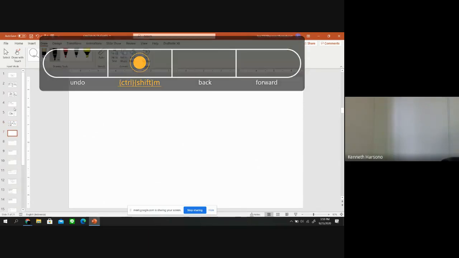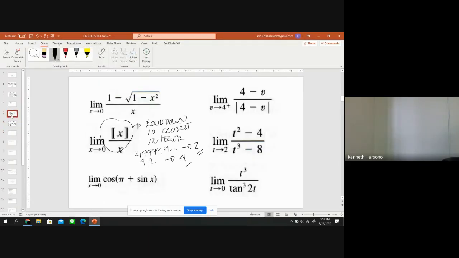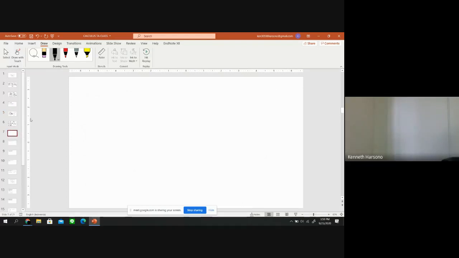And for the second problem, the limit as v approaches 4 plus of the absolute value of v minus 4, over v minus 4. For the absolute sign here, we have two conditions: the one where v is less than 4 and the one where v is more than 4.